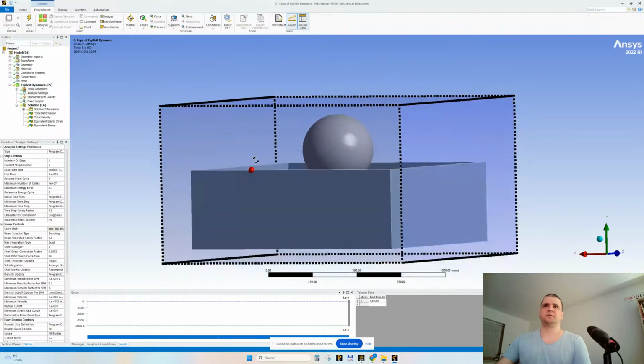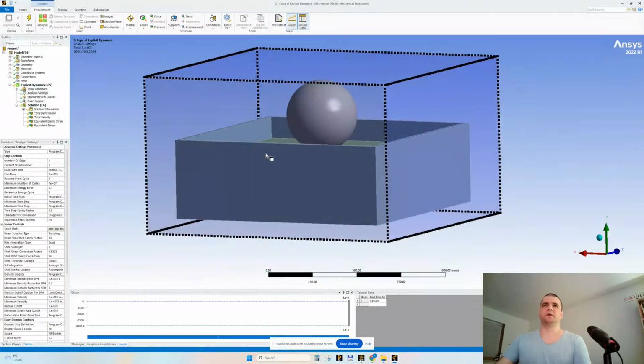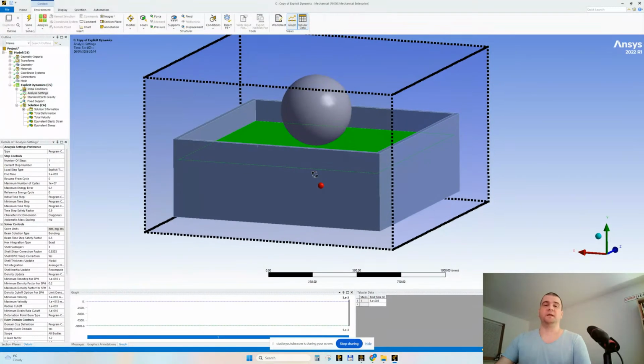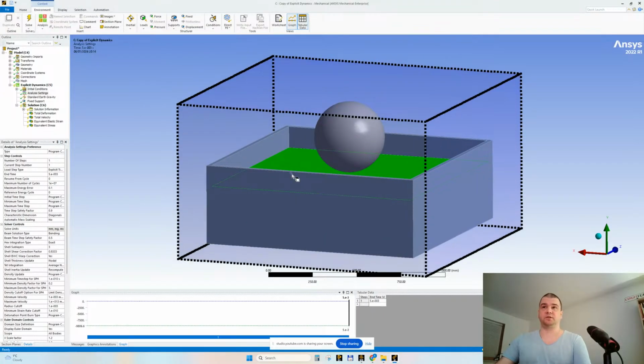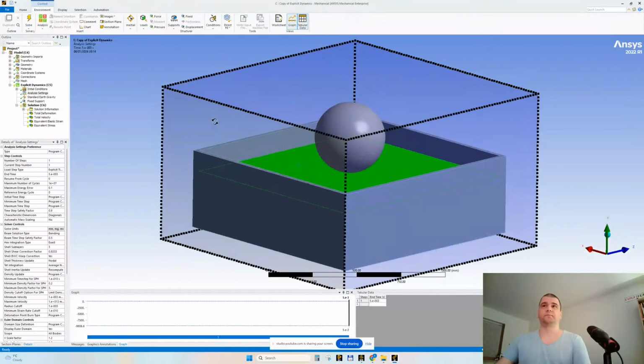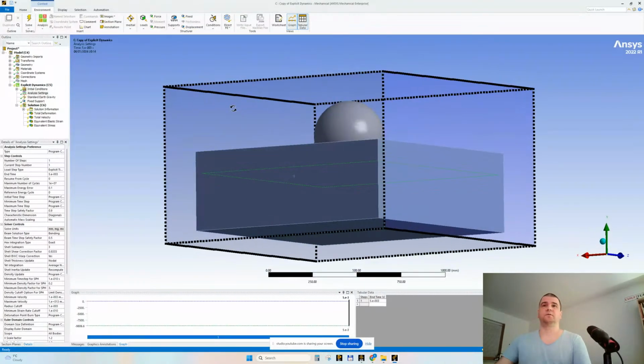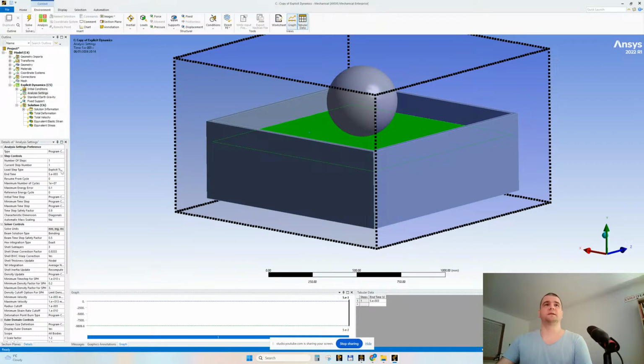You can ask yourself, why is it so big? Because we only have water here. It's so big because maybe due to splashing, there will be high waves. Yes, and we need to see them. So let's leave them like this.